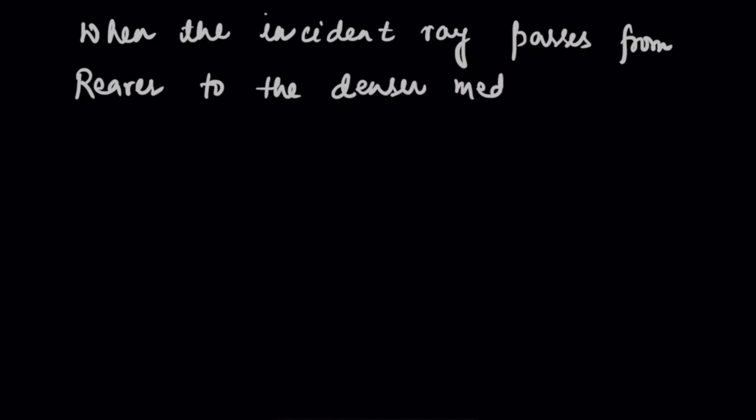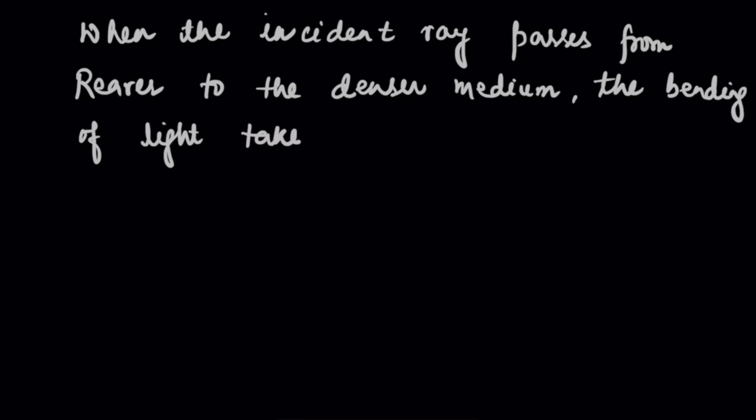Next is when the incident ray passes from rarer to the denser medium, the bending of light takes place towards the normal.